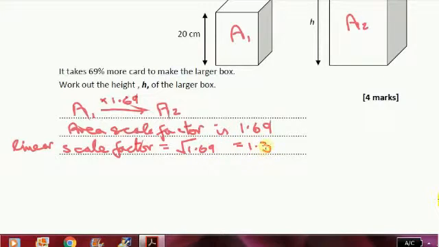Because if that's the linear scale factor, the area scale factor is obtained by squaring 1.3 to get 1.69. So h is 1.3 times the original length or height of 20 centimeters, which gives 26 centimeters for the height of the second box.